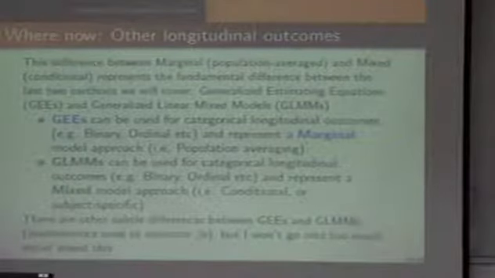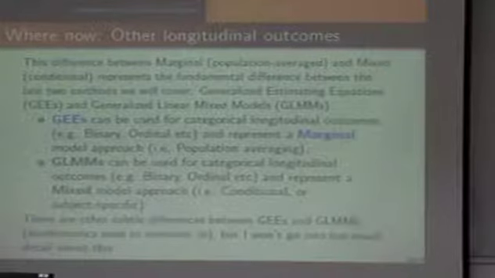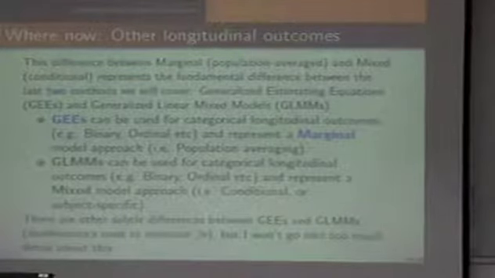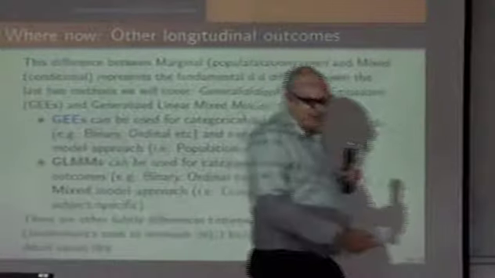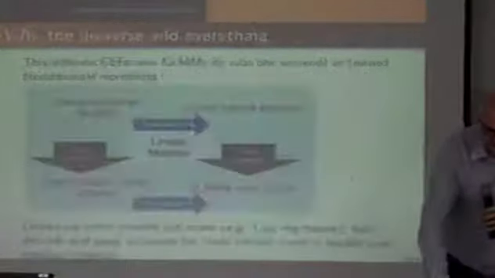There are other subtle differences, particularly between GEEs and linear marginal models, because of how it does its estimation. But conceptually, this is how we can think of GEEs and generalized linear mixed models. In fact, probably a more meaningful name for a GEE would be generalized marginal model. The guy who named it didn't name it that.